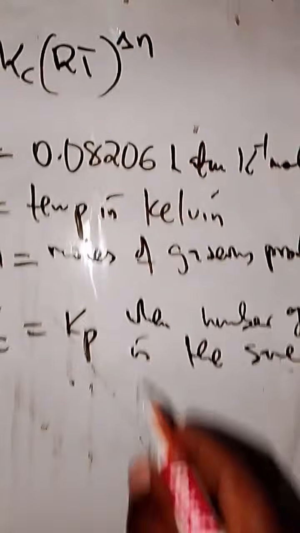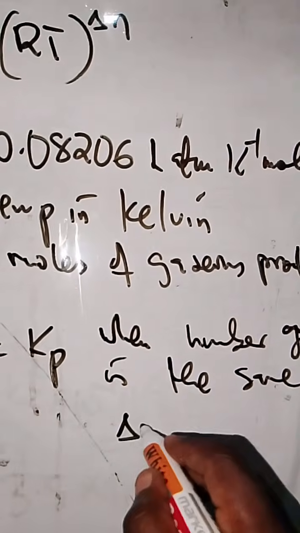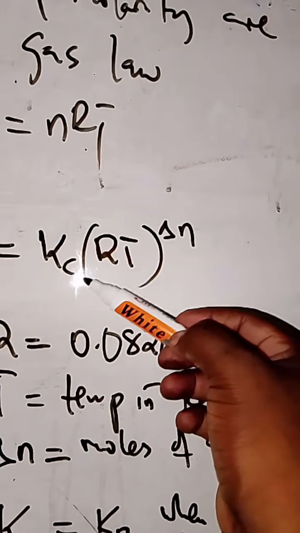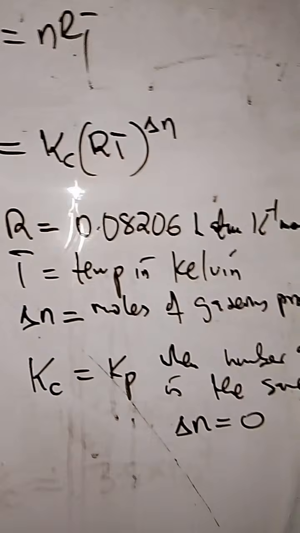If the number of gas molecules is the same for the products and the reactants, delta n is equal to 0. So (RT) to the power 0 is equal to 1, and now Kc becomes equal to Kp. It is your job to find out whether, for a given reaction, Kc and Kp are equal or not.